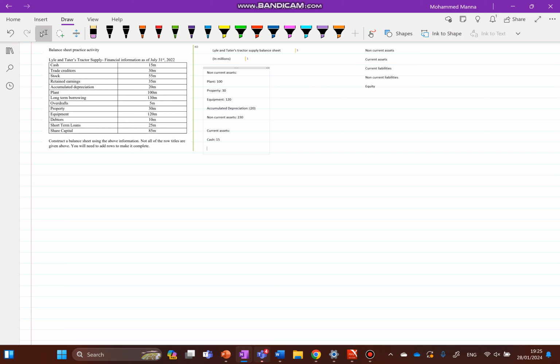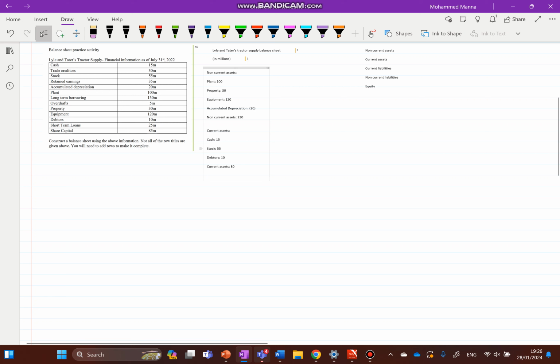And then we have stock for 55, and we have debtors for 10, and just another one, and that's it basically for current assets. So current assets as 80.